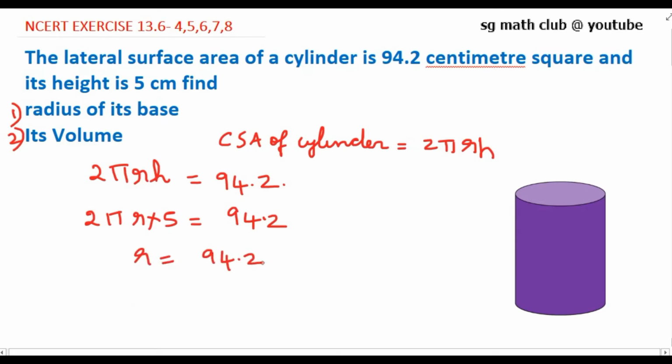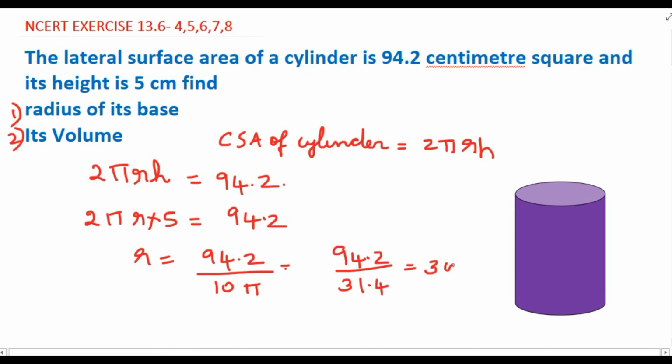So it is 94.2 divided by 2 into 5, which is 10 pi, equal to 94.2 divided by 3.14 into 10, that is 31.4. When you simplify this, you will get 3 centimeter. So the radius is 3 centimeter.